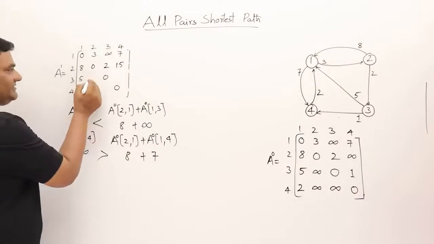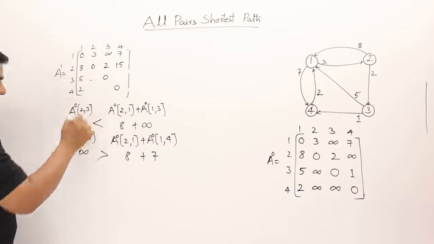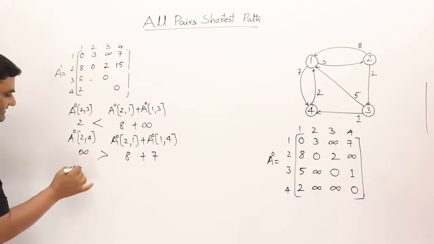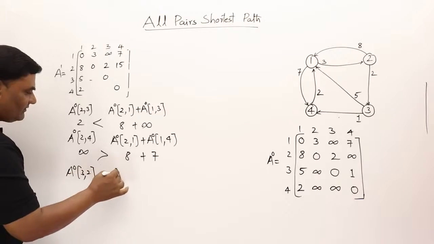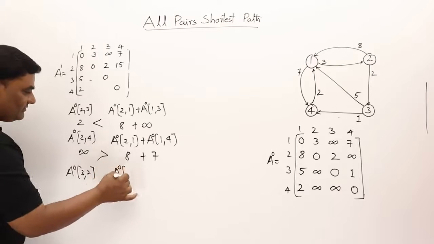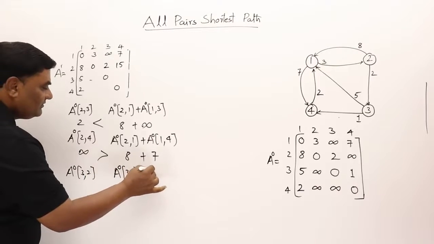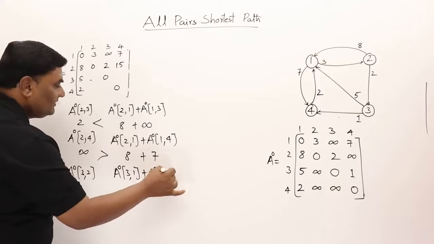Now I have to fill up these values, right? So that is 3 to 2. So I'll find out A0 of 3 to 2. In between I should add 1: 3, 1, 1, 2.